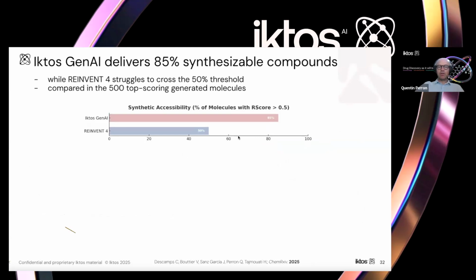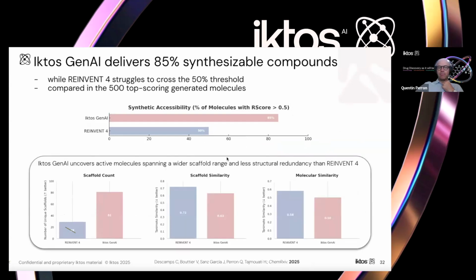So the output is very interesting because if you take the top 500 molecules, Iktos produces 85% of feasible molecules with a score higher than 0.5, meaning that it found a reasonable retrosynthesis tree, compared to reInvent, where only 50% of the molecules look feasible.